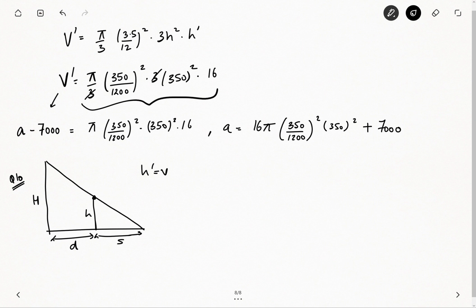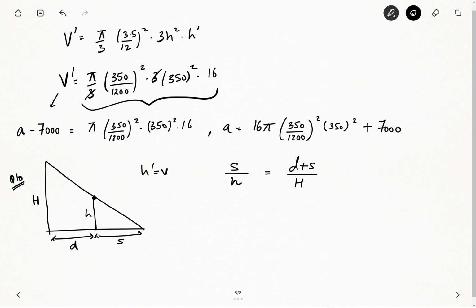We take the ratios of the small triangle, that's s over h, and that must equal (d plus s) over capital H, because we take the base of the small triangle divided by the perpendicular of the small triangle. Small triangle base is s, perpendicular is h. Same thing for the big triangle: base of the big triangle is d plus s, and the height is capital H.